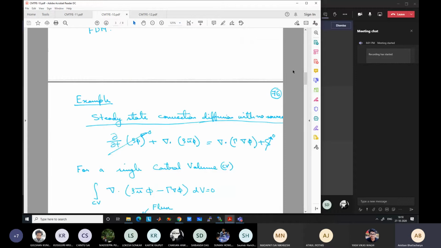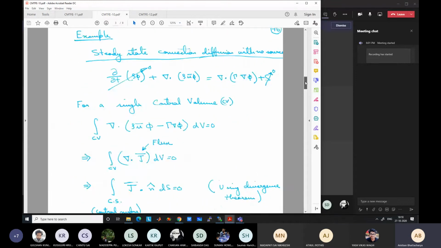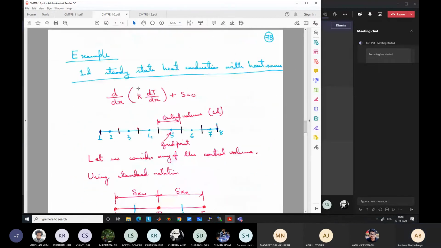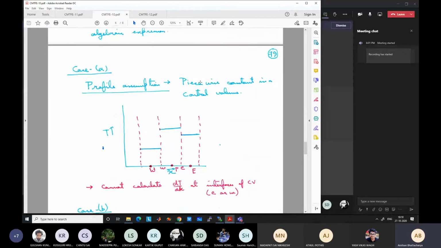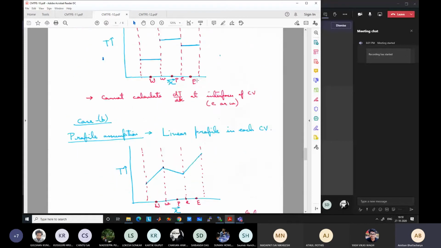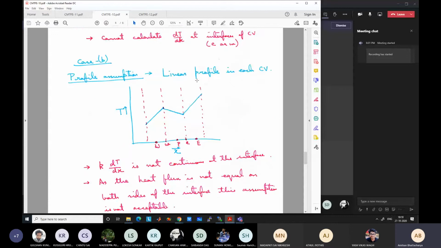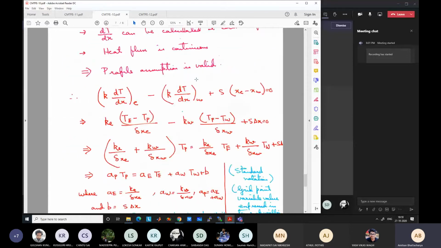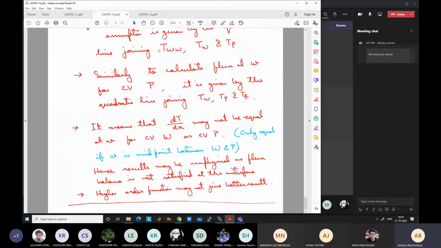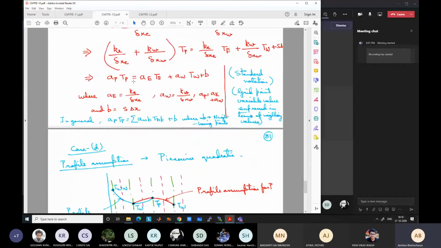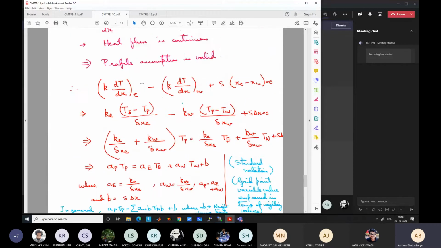Based on that, we have started with a very simple equation, the 1D steady state heat conduction equation, and we have seen how to discretize the equation. One of the important aspects that we have studied is profile assumption, and we have studied different aspects of profile assumption. Finally, we found that any equation can be represented in this way once you discretize it for a grid point.